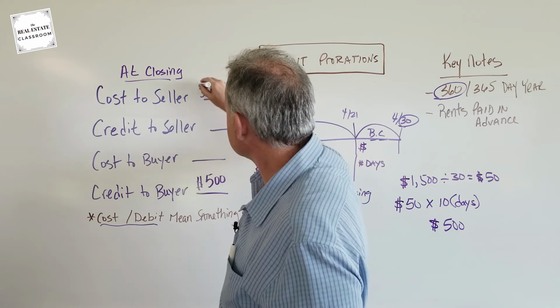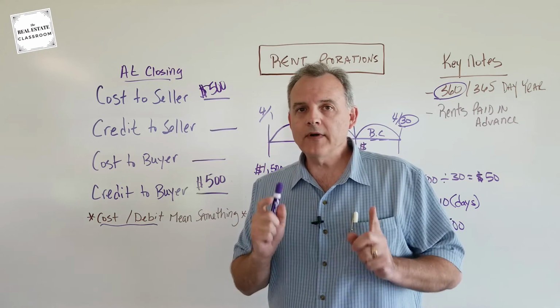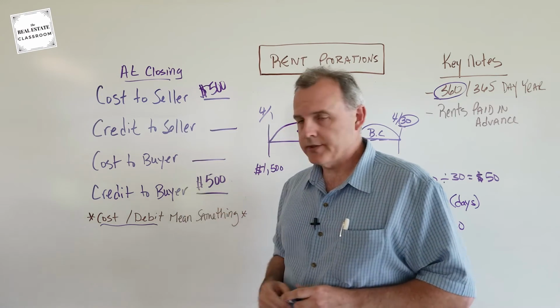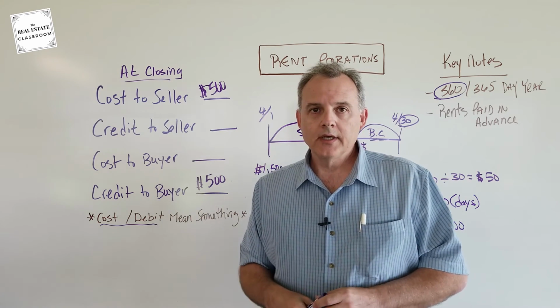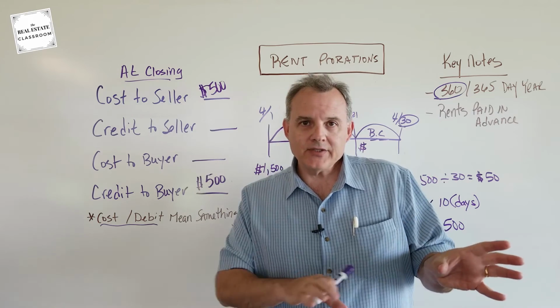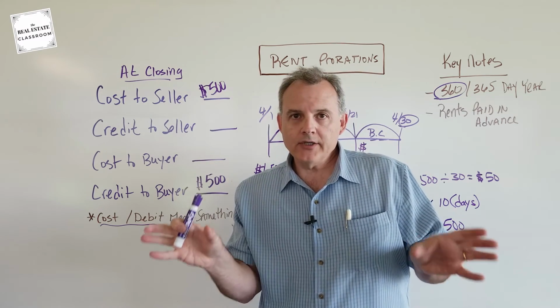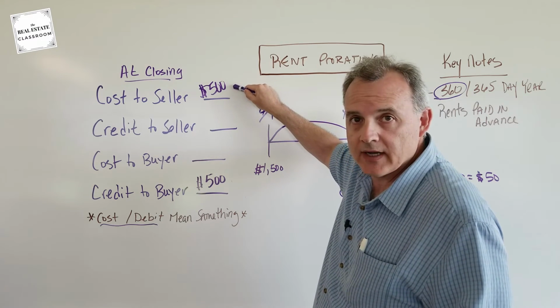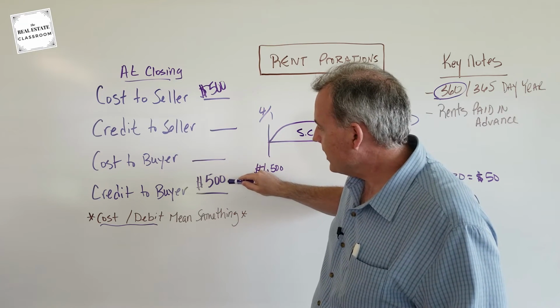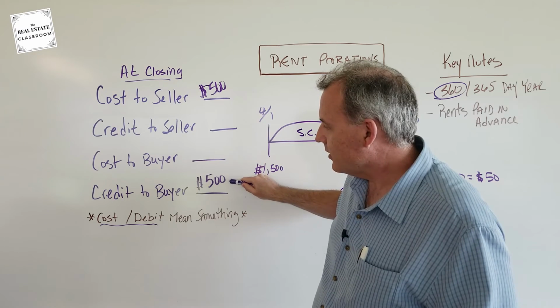All right, a cost of $500. Now here's something very important to remember when you're doing prorations. When you're talking about taxes or rent, whatever that figure is, it's the same for the other party, just in a different category. So we know that it's a cost to the seller for $500. Therefore, it is a credit to the buyer for $500.